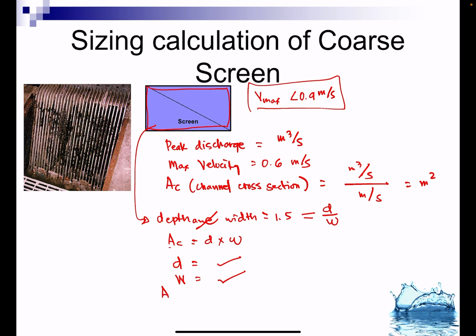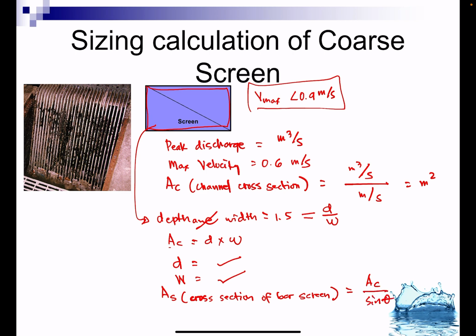Once you know the depth and width, you now compute for the cross-section area of the screen. The AC is the channel cross-section. You also have your AS, which is the area of the bar screen. Later you will learn the relationship between the AC and the AS. Usually AS is given by the formula: the cross-sectional area, AC, divided by sine of theta.